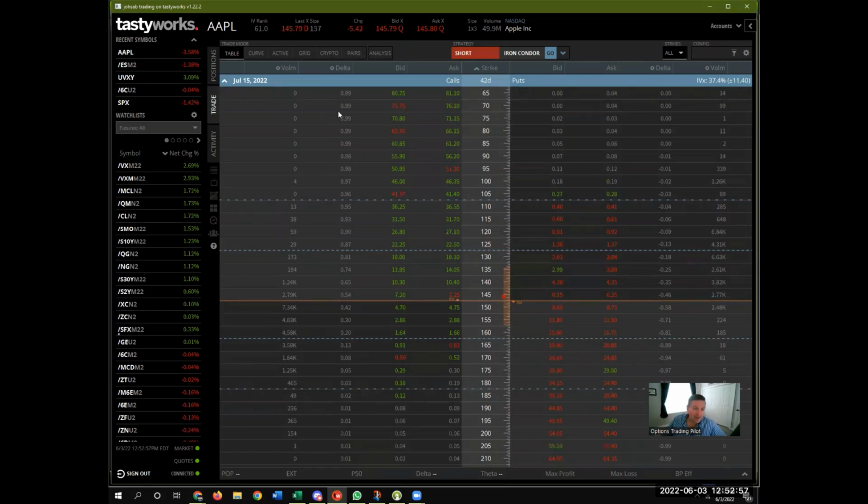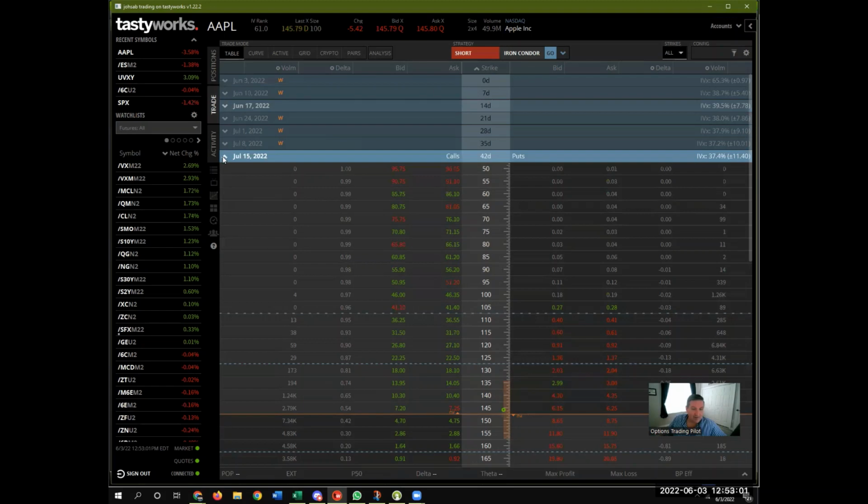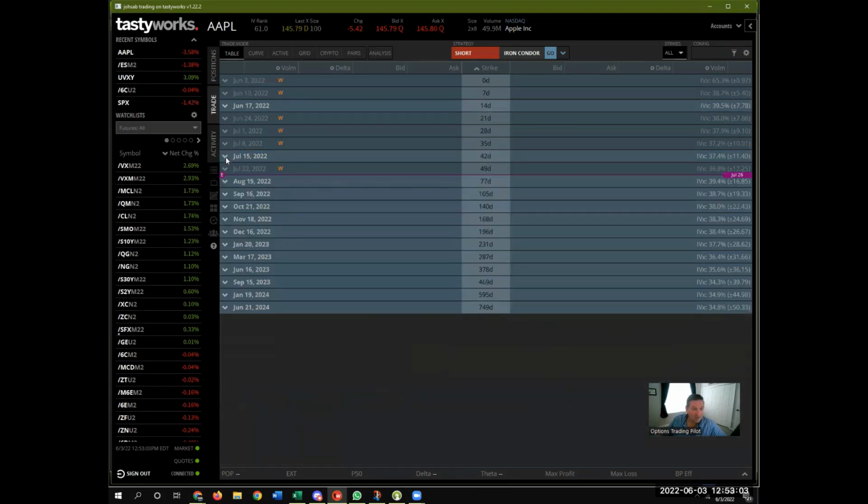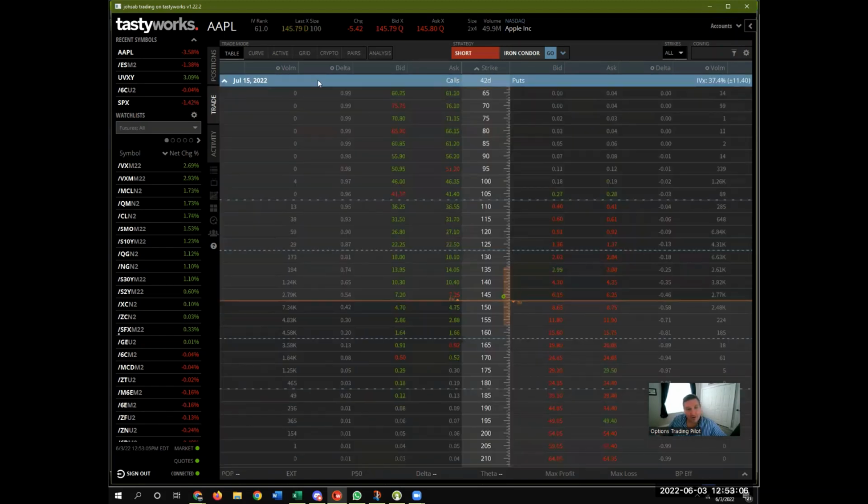So what we have, again, we have calls. All this information here on the left are all calls. Everything related to the puts are all here. So further down, this row down the middle says this is 42 days until expiration.